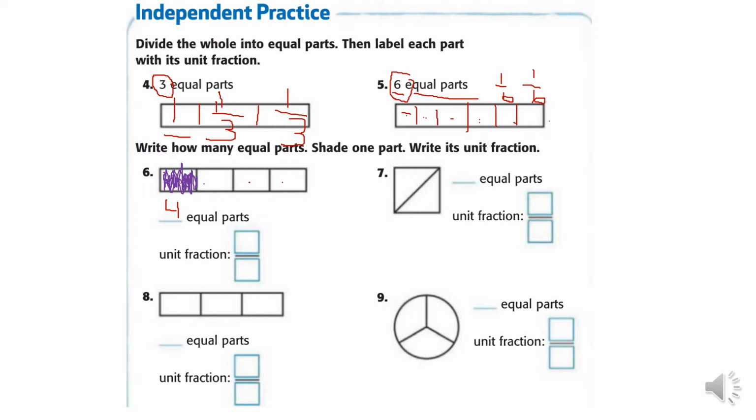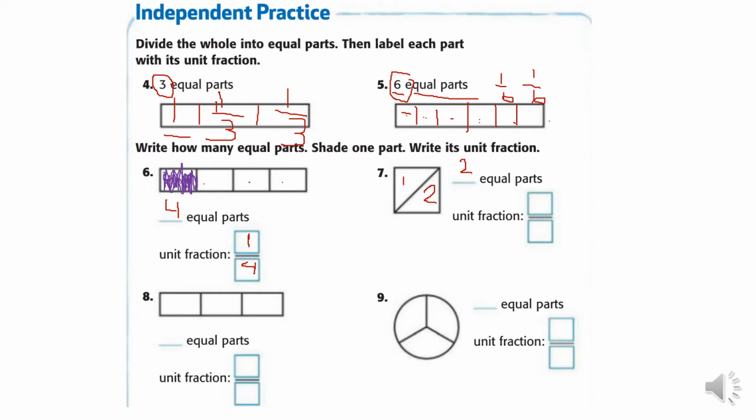Yes, and we're gonna write the unit fraction. The unit fraction is 1. And how many parts do we have? 1, 2, 3, 4. We have 4. Okay. On number 7, we have 2 equal parts, right? Because it just has 1 and 2. So we're gonna write 2 equal parts.